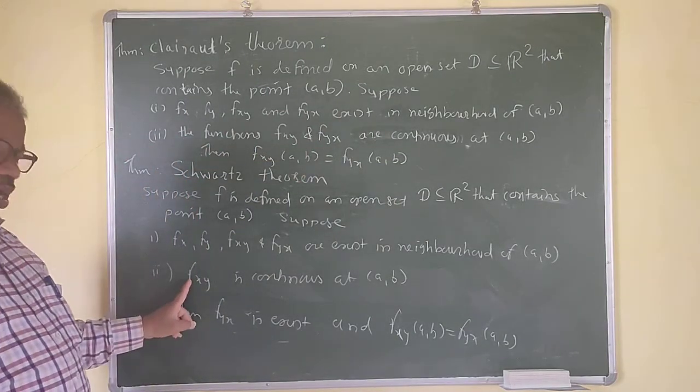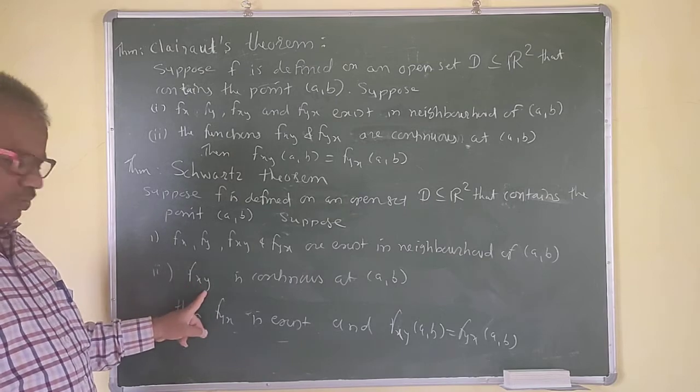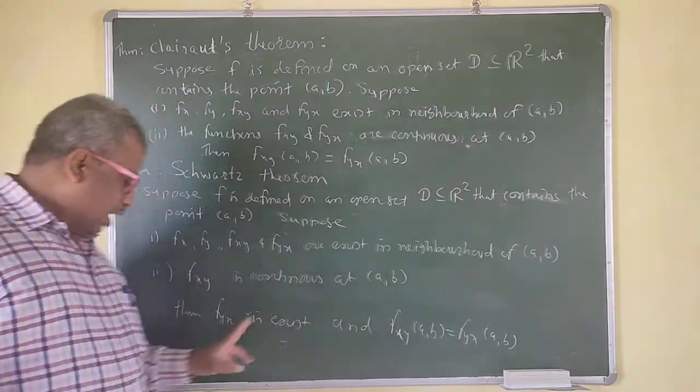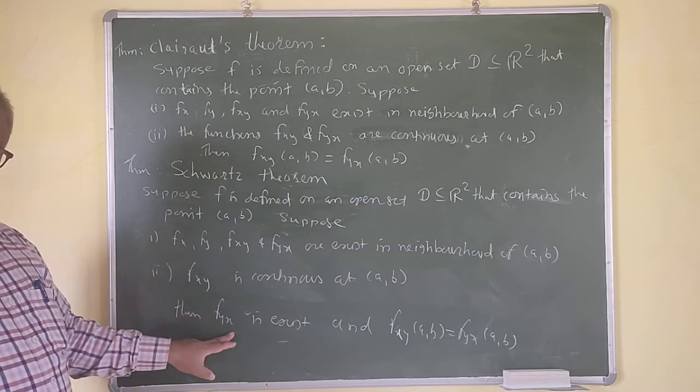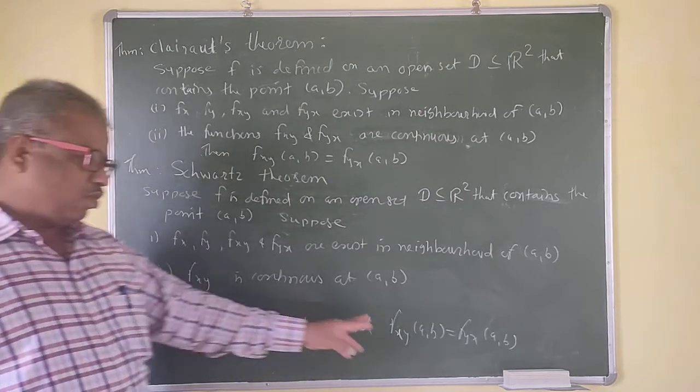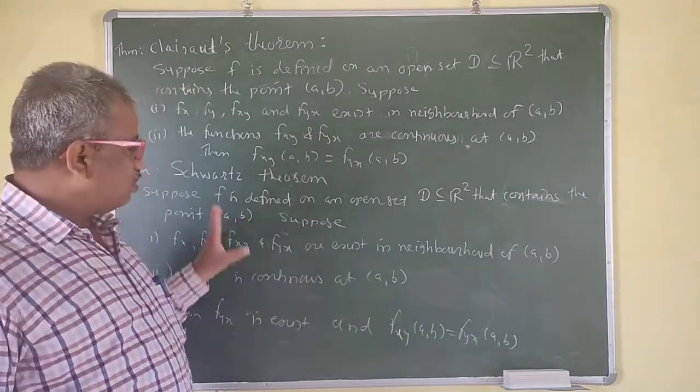But here, only fxy, or you may take fyx, is continuous at (a, b). Then if you take fxy, fyx also exists, and both are equal at the point (a, b). So this is Schwarz's theorem.